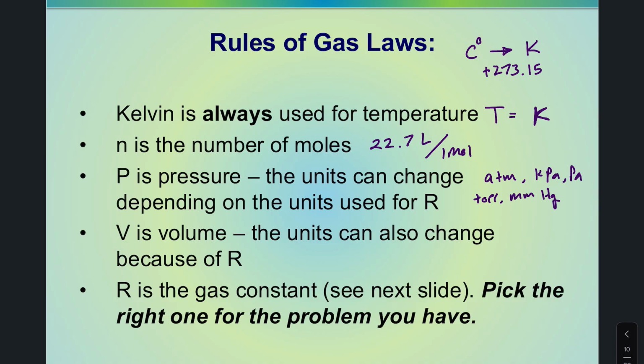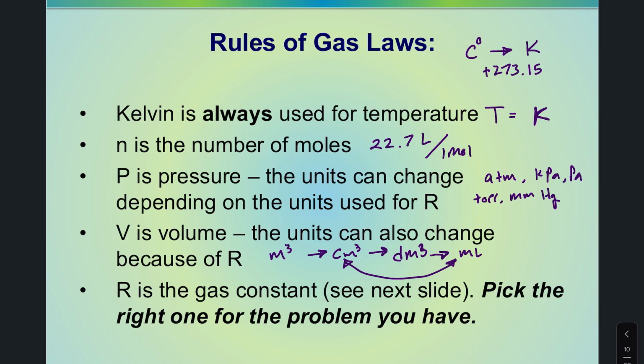For volume, the units can also change because of R. We can go anywhere from meters cubed to centimeters cubed to decimeters cubed to milliliters. Keep in mind, 1 centimeter cubed is equal to 1 milliliter. Those are the same unit, they just look different.